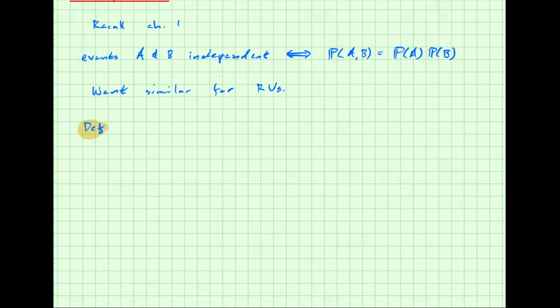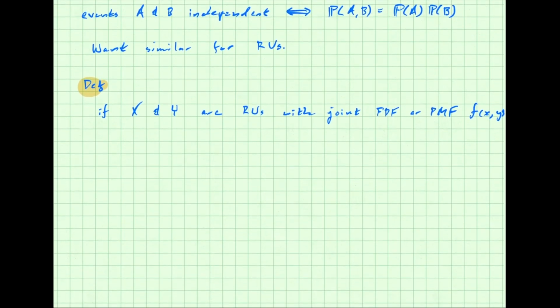If X and Y are random variables, and they have a joint probability density or mass function, doesn't matter which, so they can be continuous or discrete, and we'll call that f of x, y, either one of those. We don't really reference whether or not they're continuous in this definition.